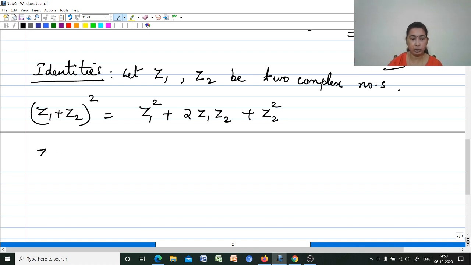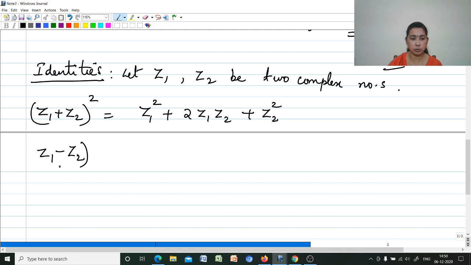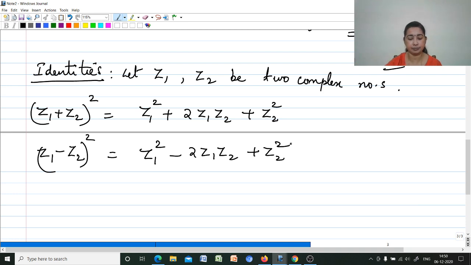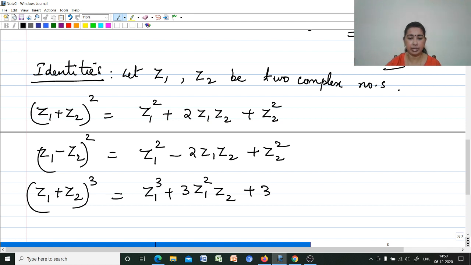In the same way, what will be Z1 minus Z2, whole square? That is Z1 square minus 2 Z1 Z2 plus Z2 square. What is Z1 plus Z2, whole cube? Z1 plus Z2, whole cube is Z1 cube plus 3 Z1 square Z2 plus 3 Z1 Z2 square plus Z2 cube.